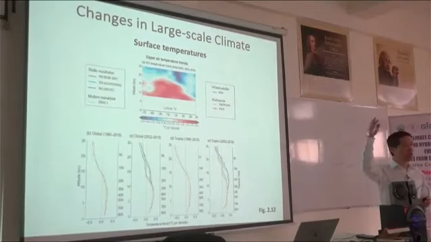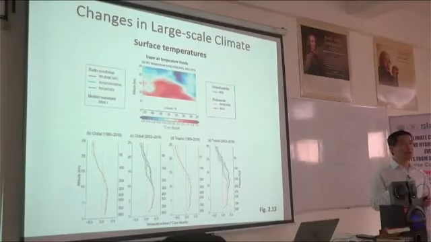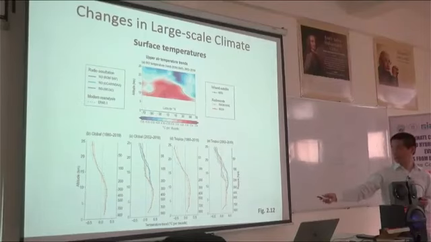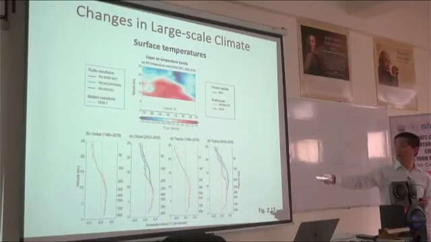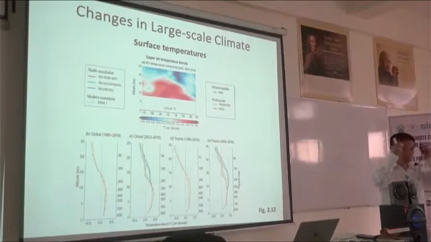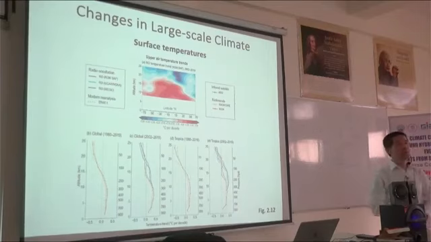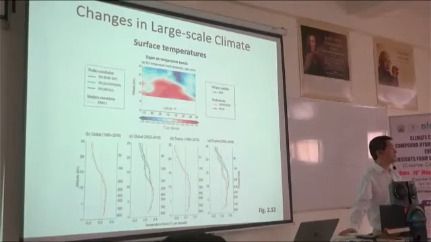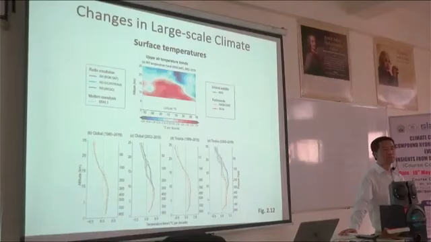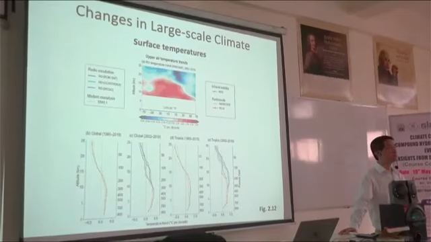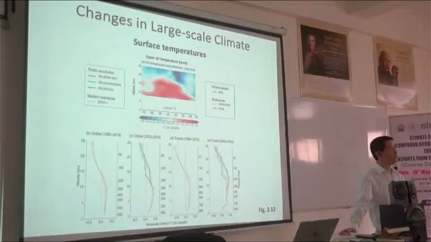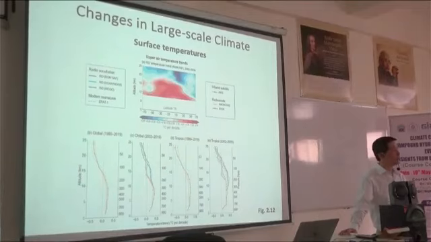That's true, as you go up, temperature decreases, right? But here we are talking about the temperature trend, the temperature per decade. We are talking about how things have been changing over 40 years. So what major conclusion can you get from this? Is the stratosphere temperature increasing or decreasing?